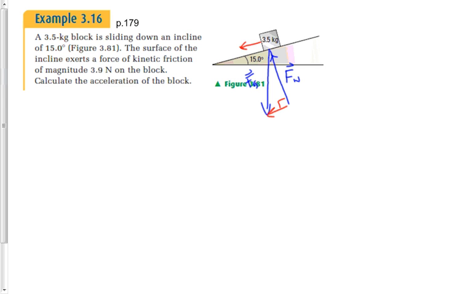The force that I just drew is not a different force. It's the same force as I drew down here at the bottom. It's the combination of the normal force and the force of gravity. We're going to call it F parallel.